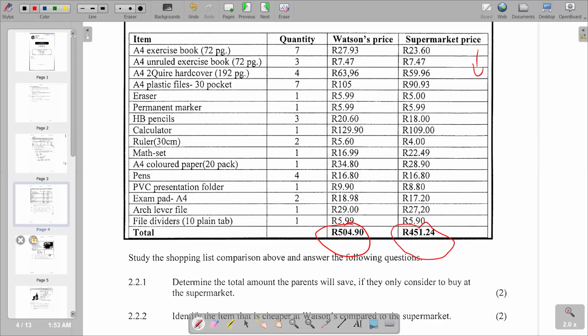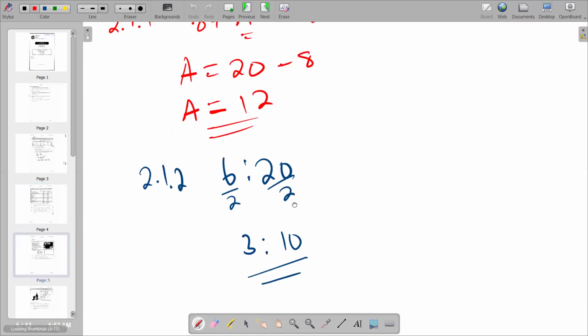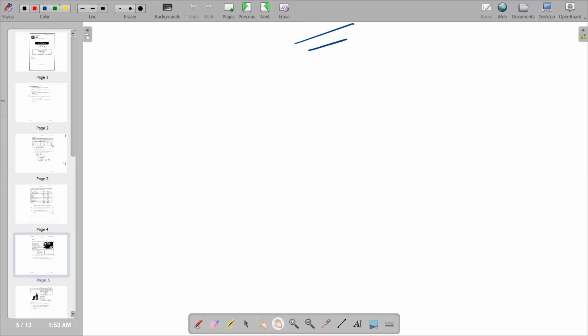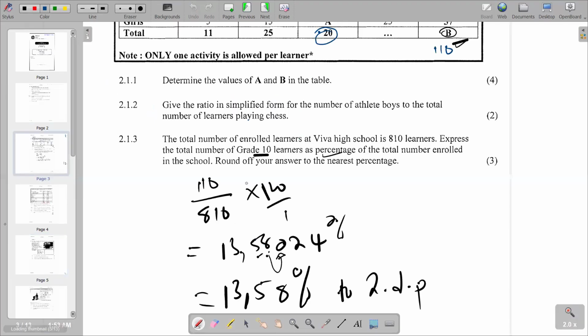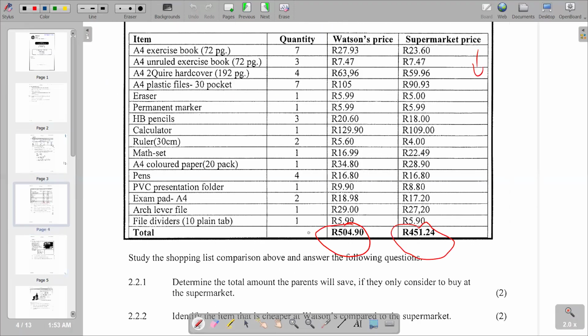So we just go there and calculate. We'll say 2.2.1. We've got 504.90, and then we subtract the other total that we have, which is 451 rand 24 cents.